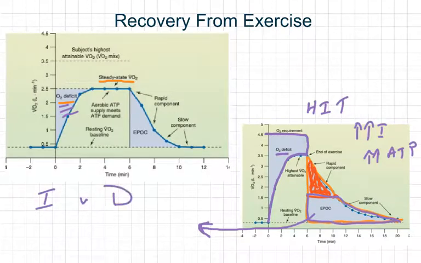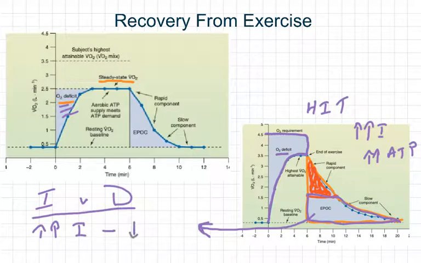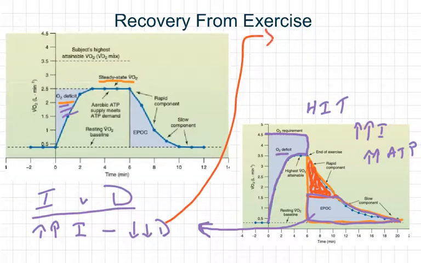If we have an exercise that is a very high intensity, this means it's got a very low duration. And those types of pathways that we discussed that fit this profile are typically going to be the PCR pathway and the anaerobic glycolytic pathway.